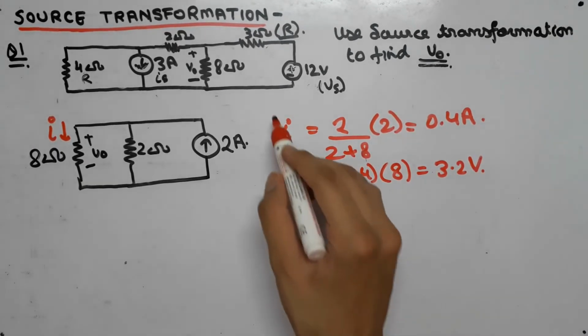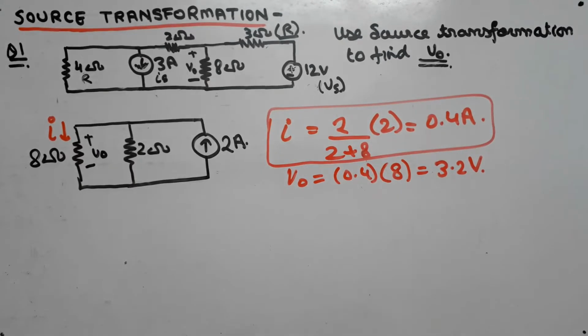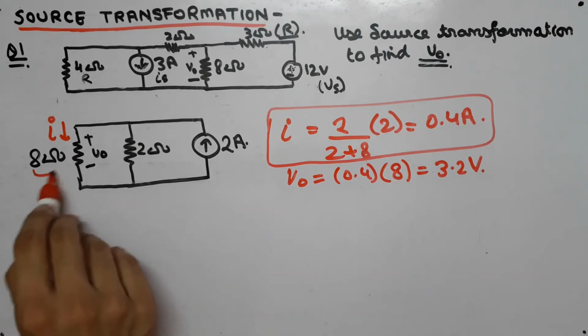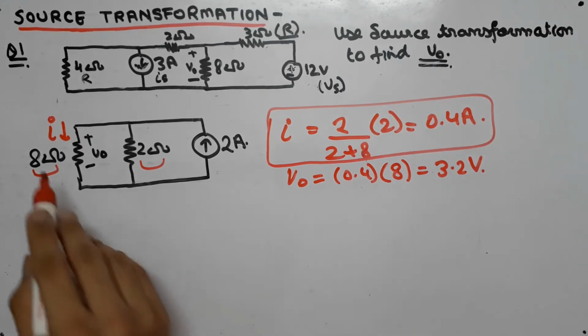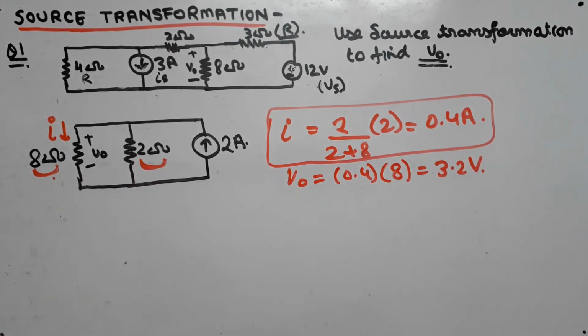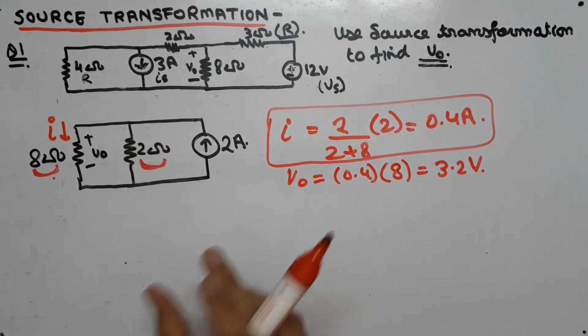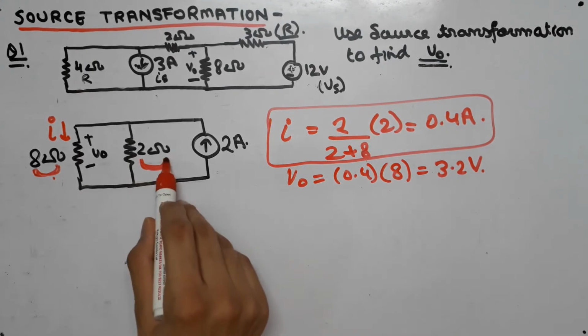Now if you are not familiar with the current division method, we can use an alternative method by finding the voltage across the equivalent of 8 ohm and 2 ohm. As we know that in parallel resistors, the voltage across each resistor is equal. First of all, we will find the equivalent resistance of 8 ohm and 2 ohm in parallel, and across that we will find the voltage. So the voltage across that equivalent will also be equal to the voltage across the 8 ohm resistor as well as the 2 ohm resistor.